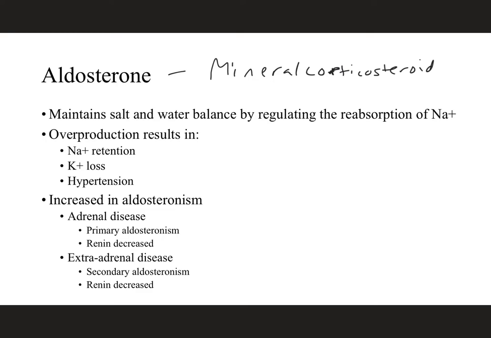If we have too much, we keep too much salt, lose too much potassium, and you get high blood pressure. Aldosteronism is the condition where we have too much. It's either adrenal related, because the adrenal gland has a tumor that increases aldosterone output, or some sort of secondary aldosteronism where something outside of the adrenal gland is the cause.